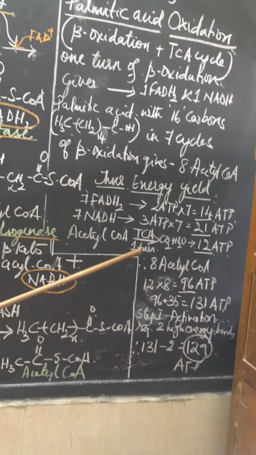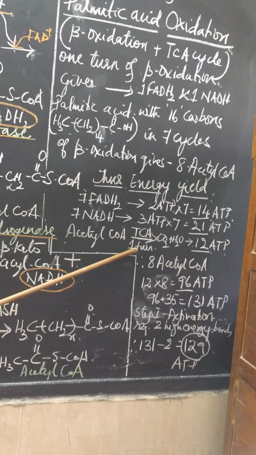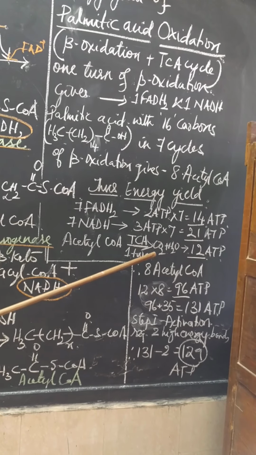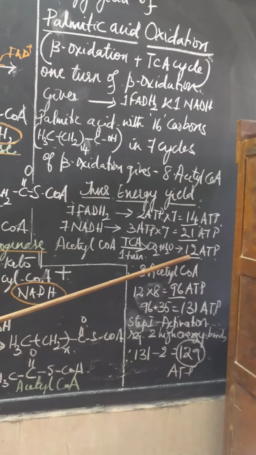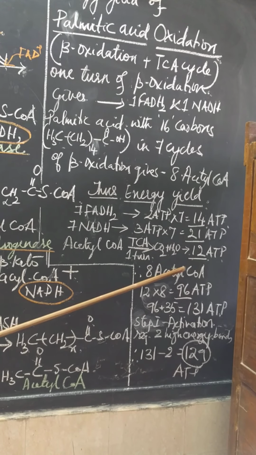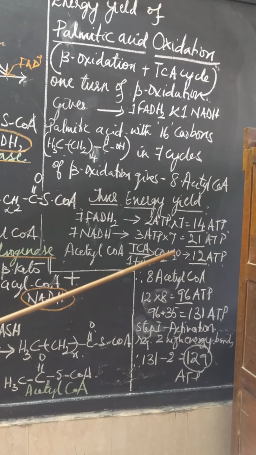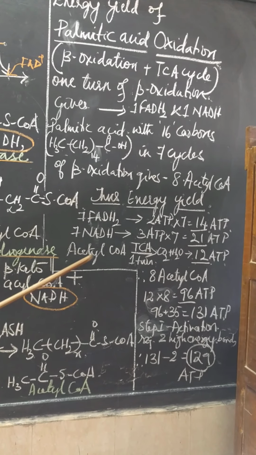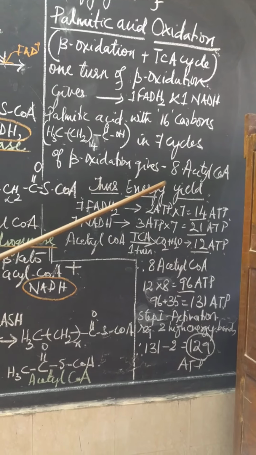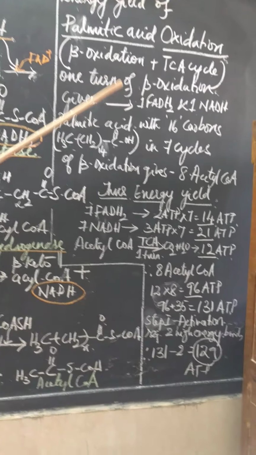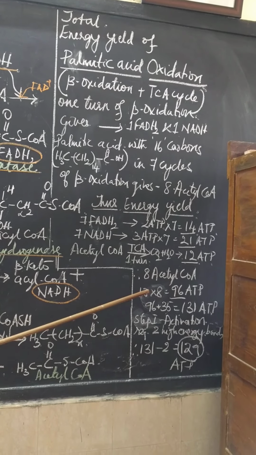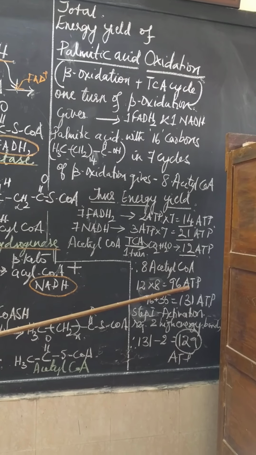Acetyl-CoA, when it goes through one round of the TCA cycle, gets oxidized into carbon dioxide and water. Here it generates 12 ATPs. You learn your TCA cycle, you will know how you get 12 ATPs. Now how many pieces of acetyl-CoA do I have? I have 8 pieces of acetyl-CoA formed from 16 carbon palmitic acid. Therefore, I have a total of 12 into 8, that is 96 ATPs.